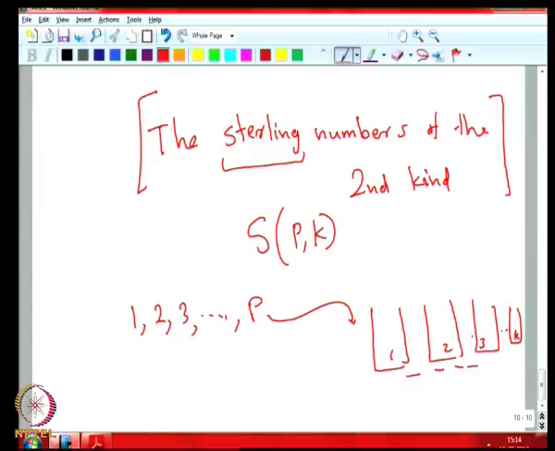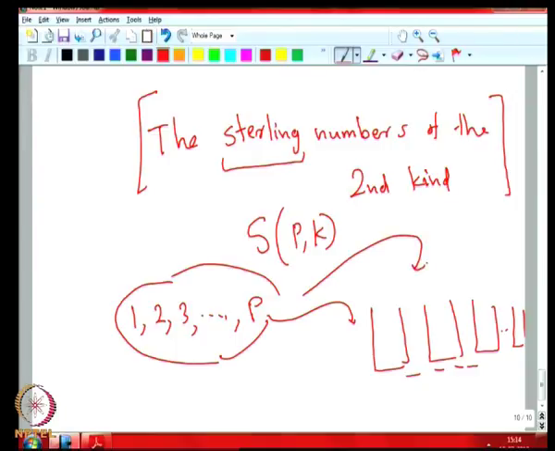So, they are not labeled, there are K of them. Now, we want to distribute these P things in these K boxes. There are two conditions. One is each box has to get at least 1. Each of these K boxes has to get at least 1.